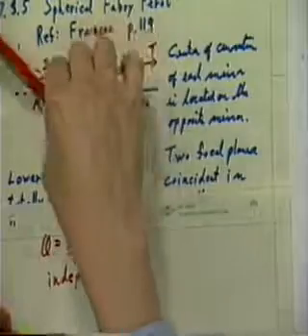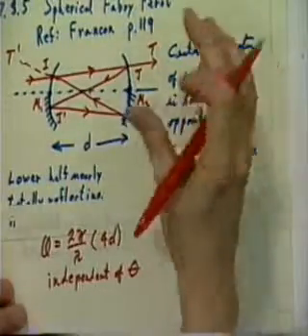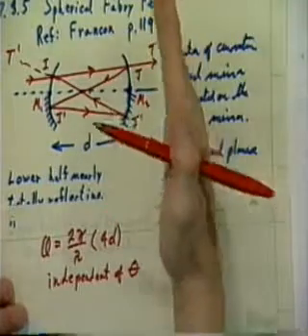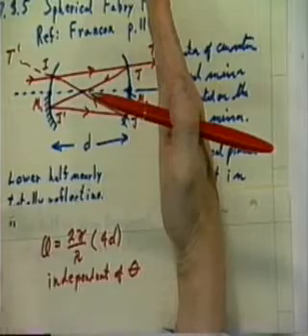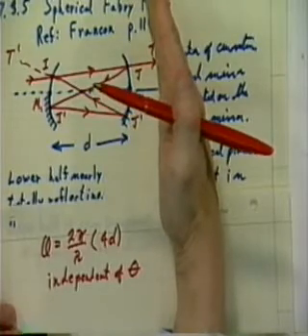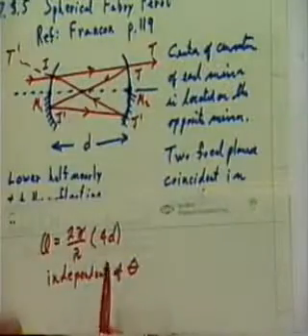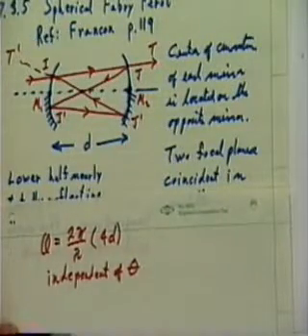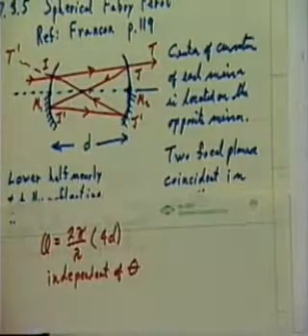You just line it any way you want here, again neglecting aberrations, and you're going to get a beam out here with uniform illumination across the beam. Whether it's a bright fringe or a dark fringe depends upon D and upon the wavelength, but it doesn't depend upon the angle. So you just have a flat tint over the whole field.